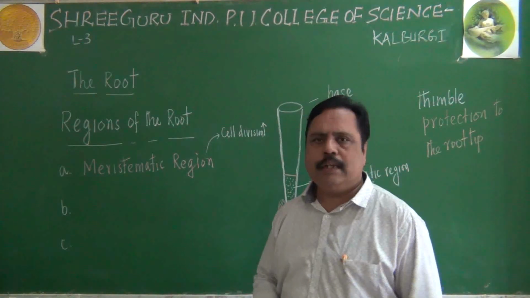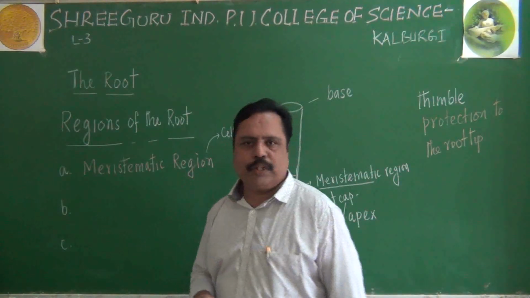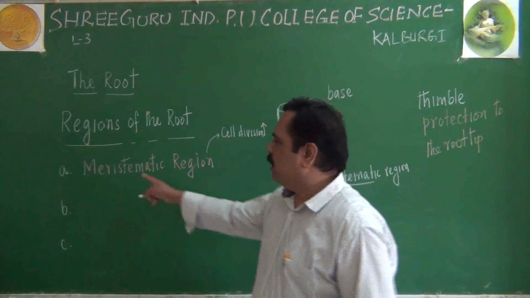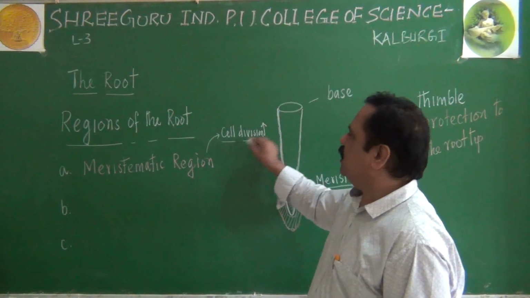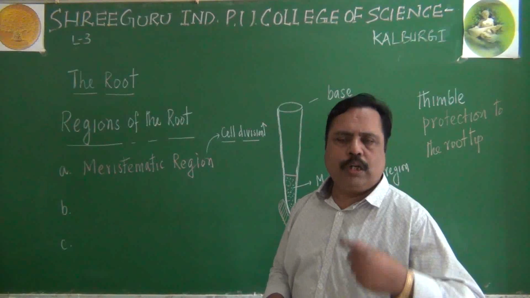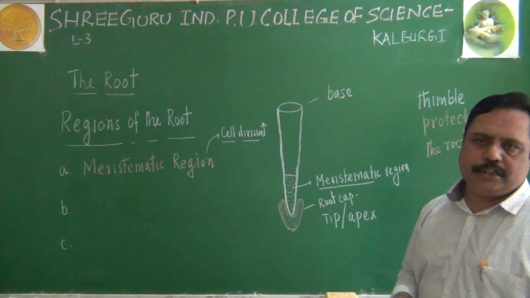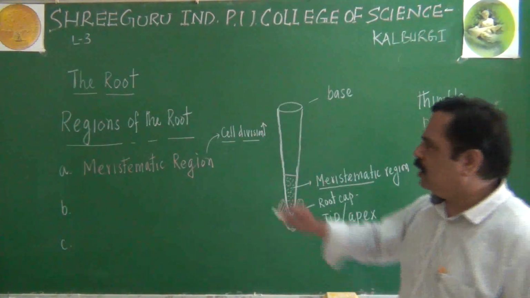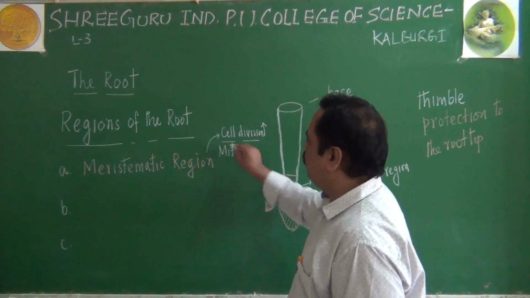Remember the spelling, meristematic. Meristematic tissue, it can be called. What is the function of meristematic tissue? It is rapid, fast cell division. More and more cell division happens in this meristematic region. They divide mainly by mitosis, not meiosis. Mitotic division takes place here.